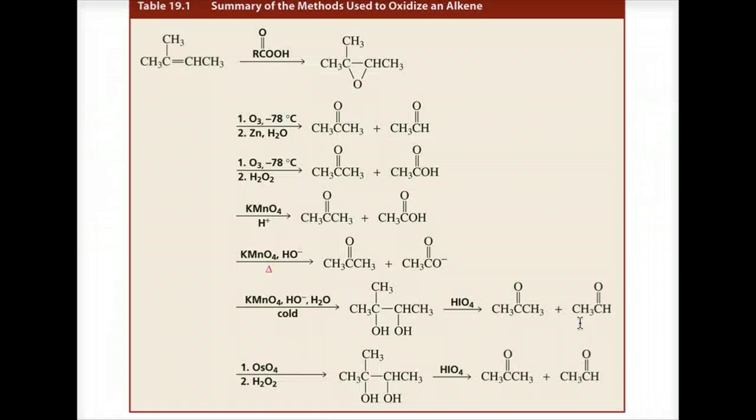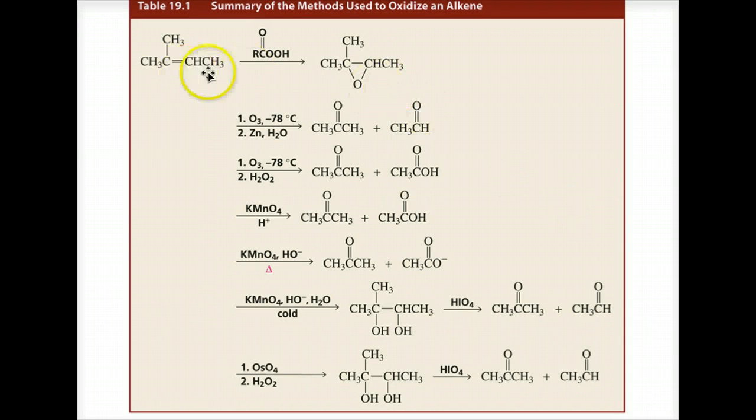So here is a summary table of the methods used to oxidize an alkene. As you can see in this table, alkenes can be oxidized to epoxides, ketones, aldehydes, carboxylic acids, and carbon dioxide if it is a terminal alkene.